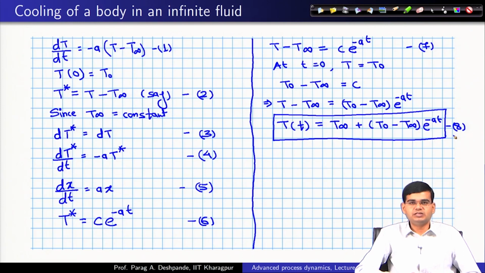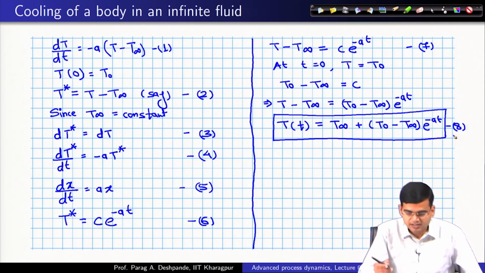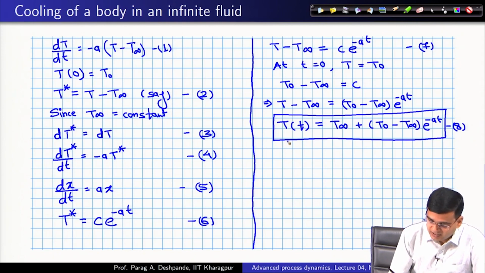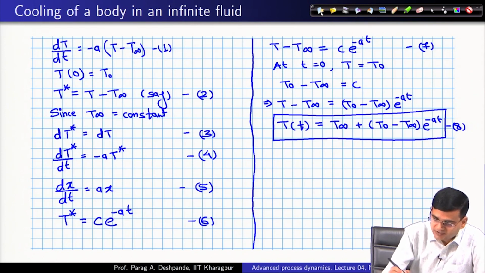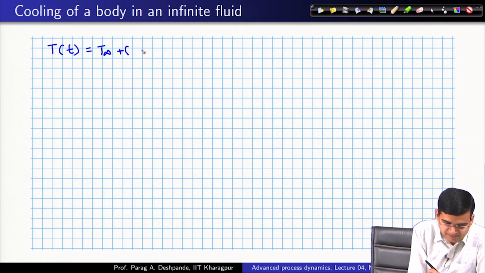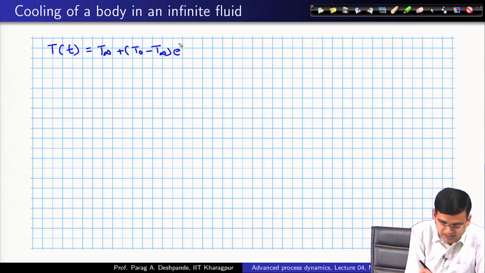Okay. So, let us see if we can draw the phase portraits for this particular system. So, the model equation is T of t is equal to T infinity plus T 0 minus T infinity e to the power minus a t.